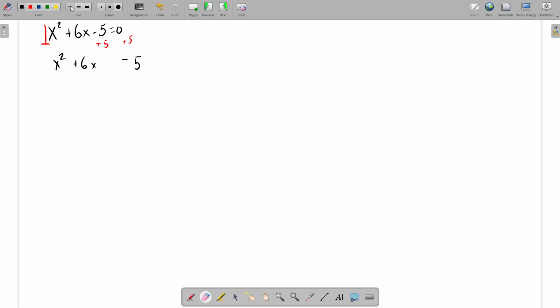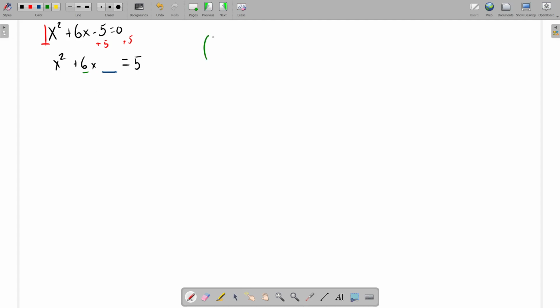Now what I want to do is figure out what number I can put here to turn this into a perfect square trinomial. And the way I'm going to find that number is not through guess and check or anything like that. It's almost like a formula. I'm going to take b, which is this number right here, and I'm going to divide it by 2.